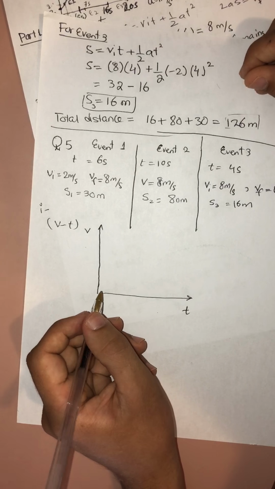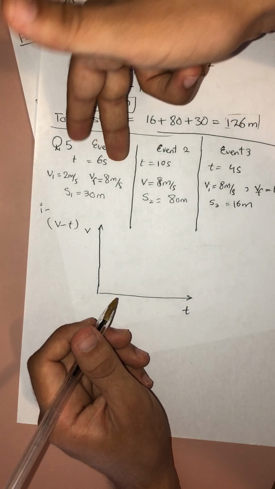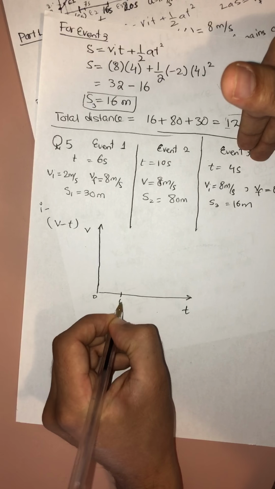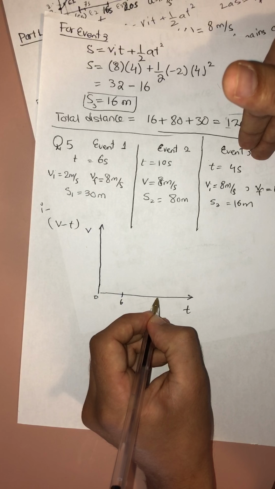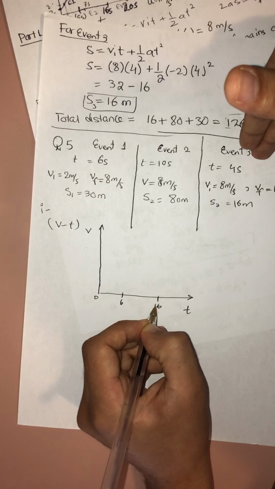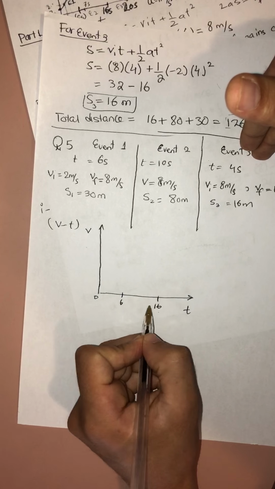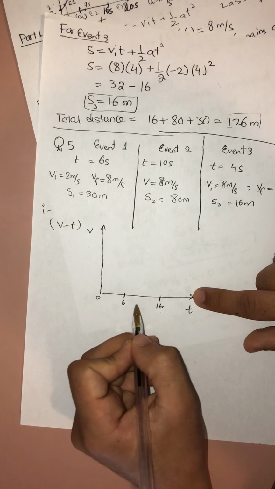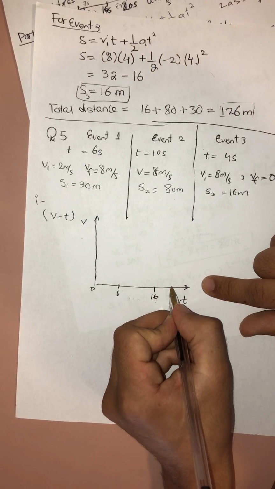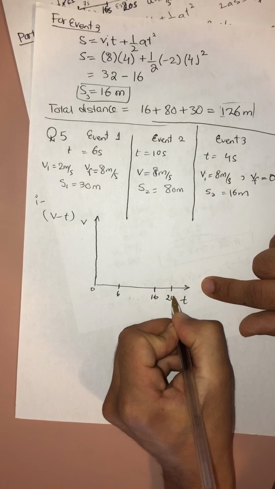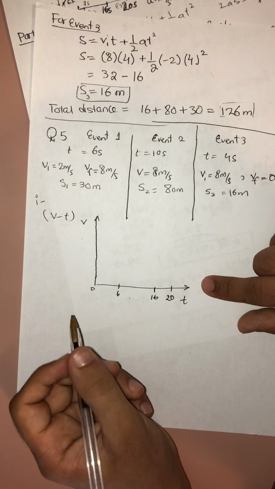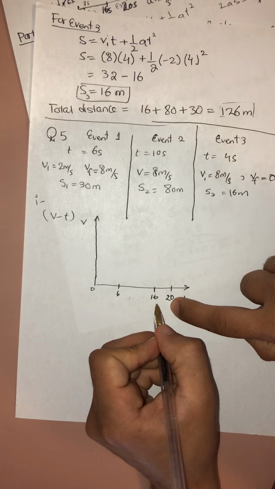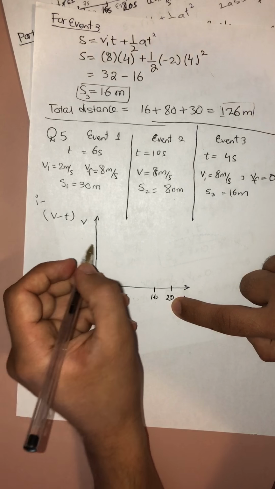First of all, let's divide the time slots for the events, because we know from 0 to 6 we have the first event, from 6 to 16 we have the second event, because the total time is 10 seconds. Note that this is not drawn to scale, we are doing a rough sketch just to understand what is going on. And the third event is from 16 to 20.